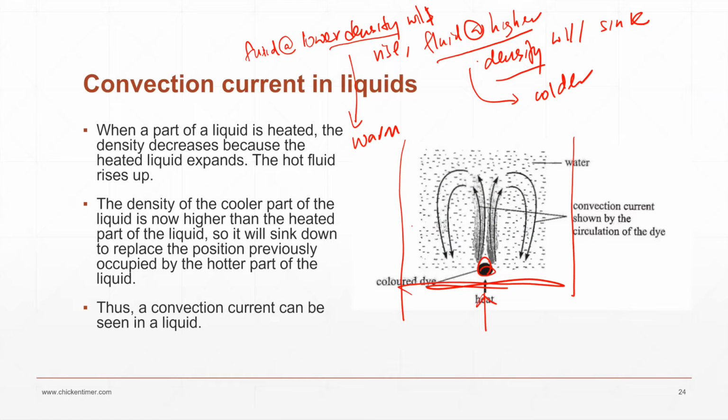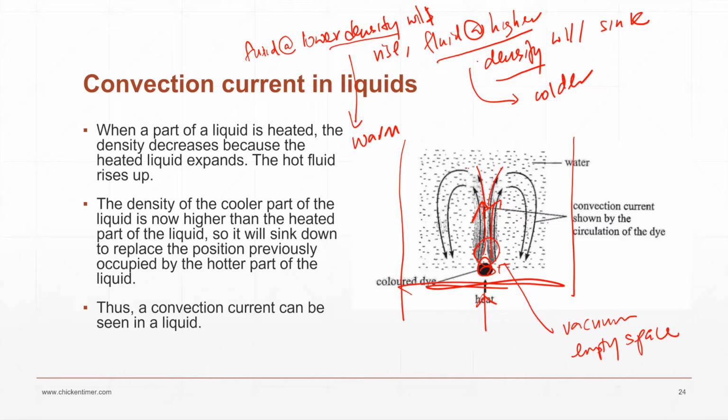So when that happens, you identify the section where it's heated, where the part of the liquid that is near the dye is heated. So this part will become warmer. The liquid will rise. So you'll go up and then you create a vacuum here, or empty space here.